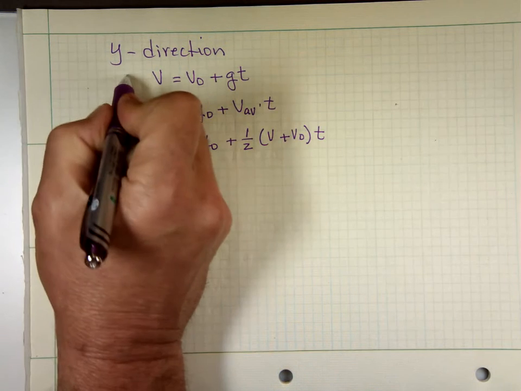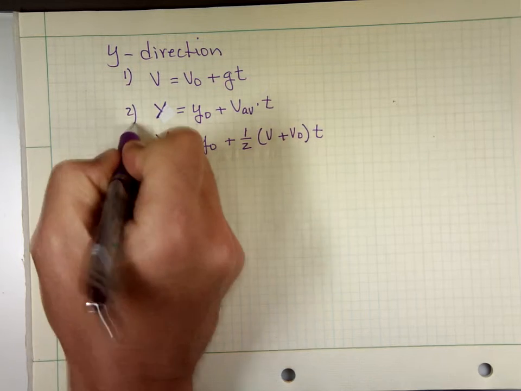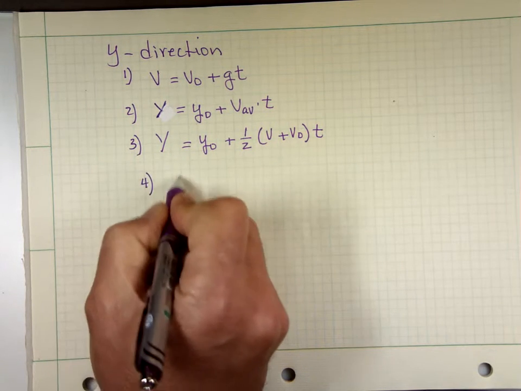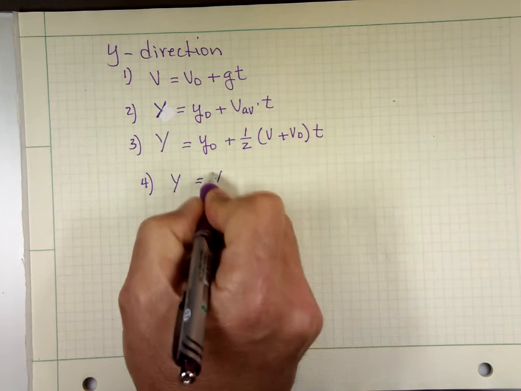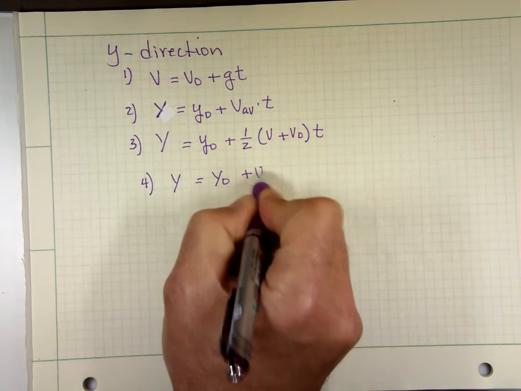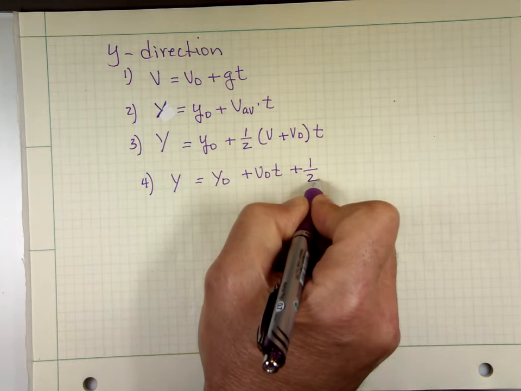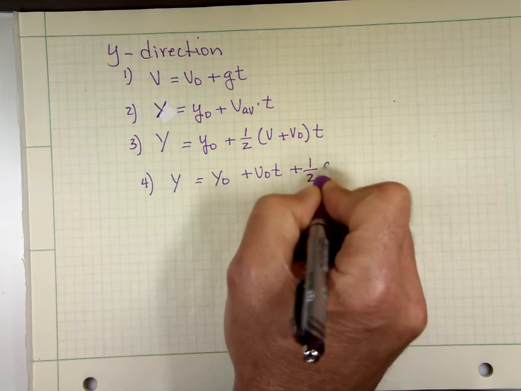Equation 1, equation 2, equation 3. What was equation 4? y equals y sub 0 plus v0t plus 1/2 gt squared.